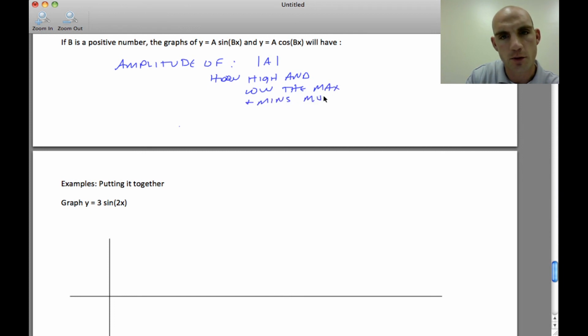The max and mins move. Okay, they also have a period of 2 pi over b. So it's the normal period over the b, which is our change, and that's going to give you how long it takes to go through one cycle.